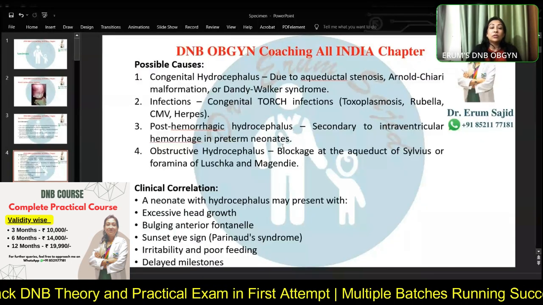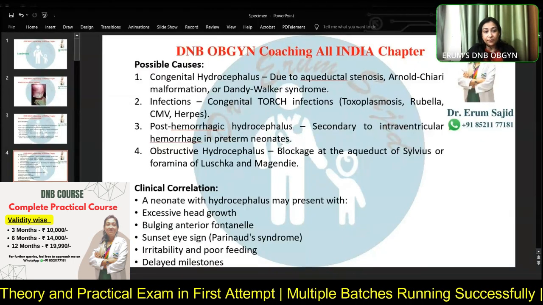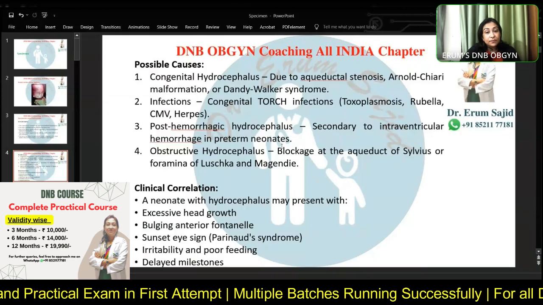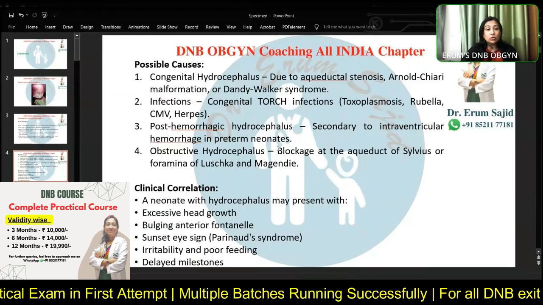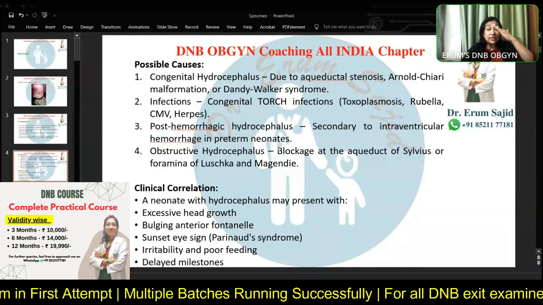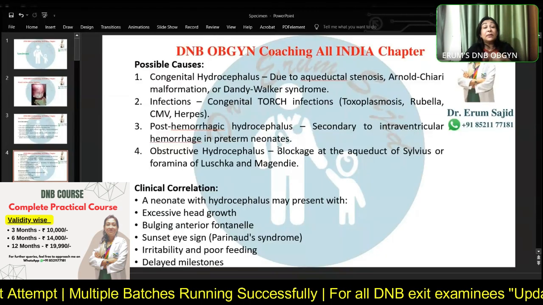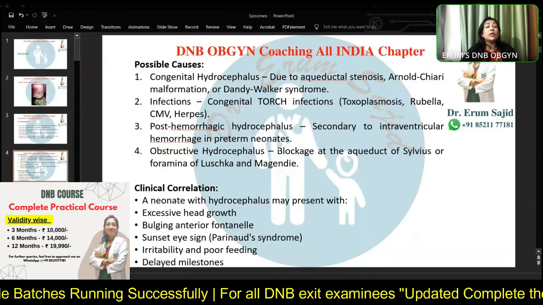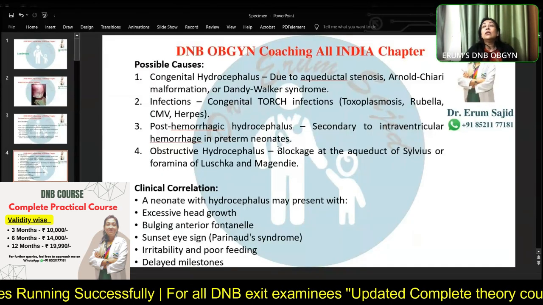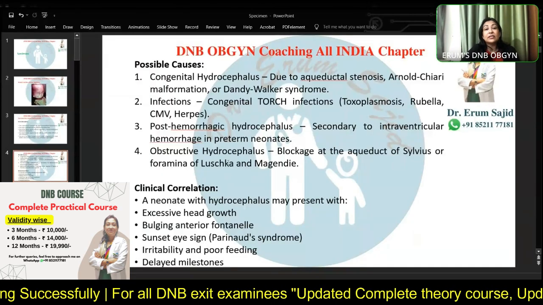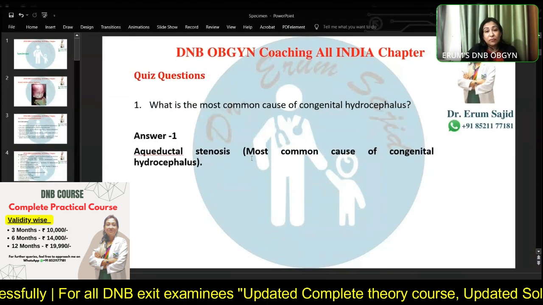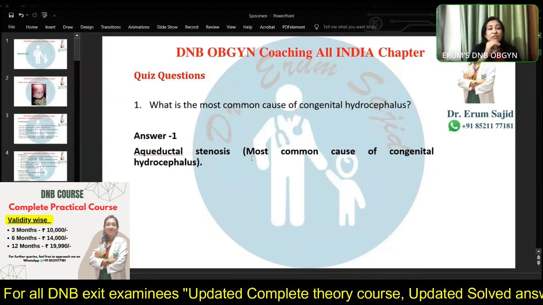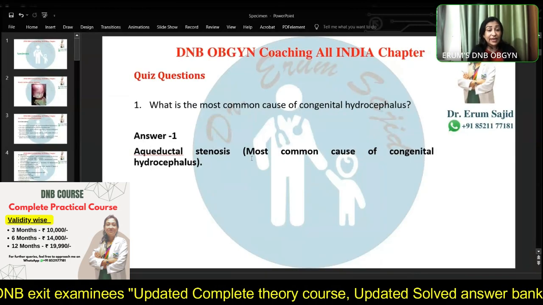So they can also be correlated. What is the clinical correlation? You have excessive head growth, bulging anterior fontanelle, sunset eyes, irritability, poor feeding, delayed milestones, and a lot of dystocia during birth, even if you plan a second trimester termination of pregnancy, whenever you find this. Now, these are just easy quiz questions I've kept to make you engaged in the class.